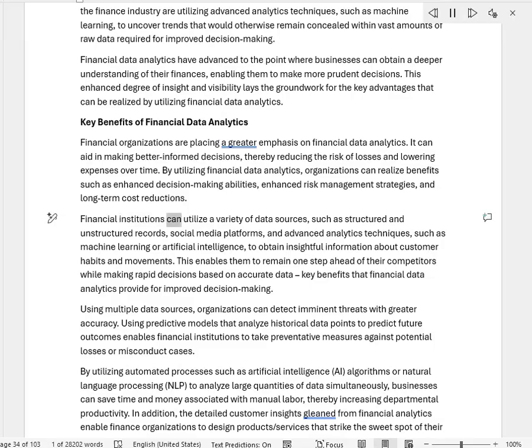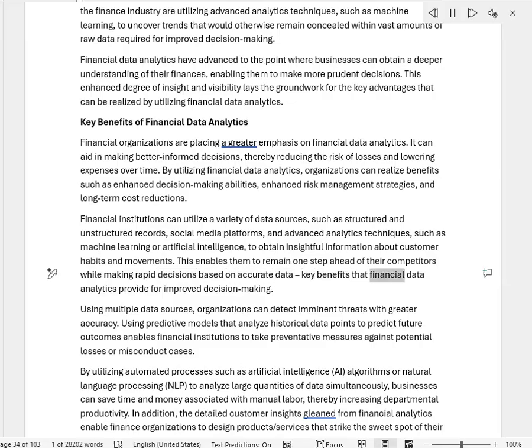Financial institutions can utilize a variety of data sources, such as structured and unstructured records, social media platforms, and advanced analytics techniques, such as machine learning or artificial intelligence, to obtain insightful information about customer habits and movements. This enables them to remain one step ahead of their competitors while making rapid decisions based on accurate data.